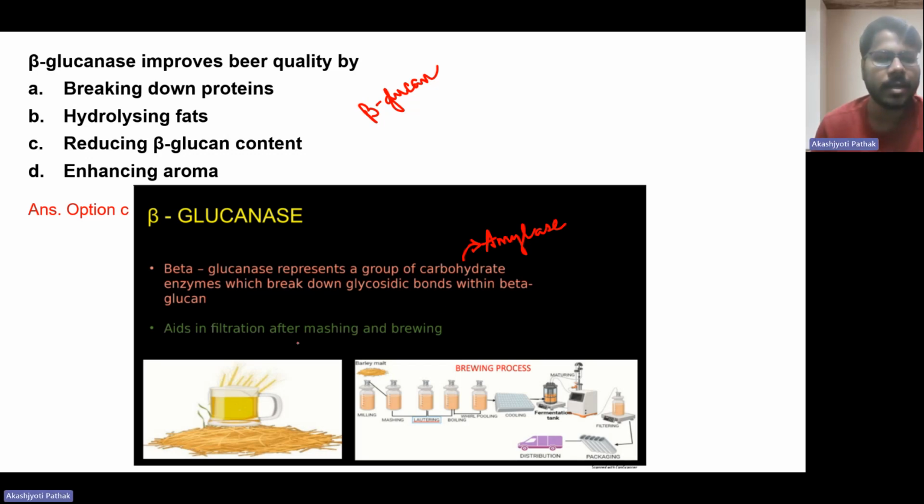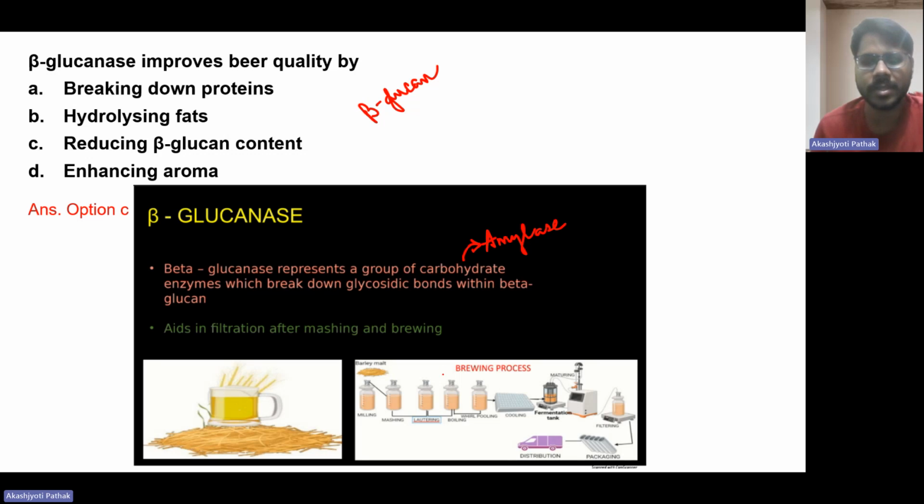It also aids in filtration after mashing and brewing. This barley that is used is the substrate, or the raw material from which the beer or alcohol is obtained. It undergoes several processes.